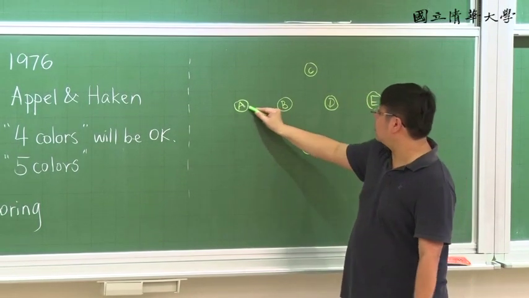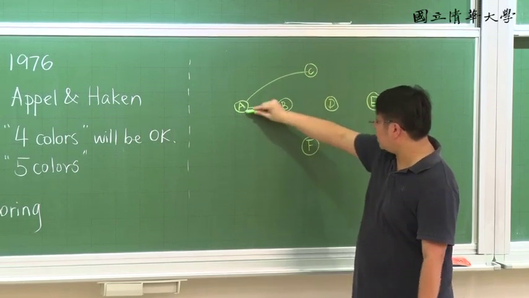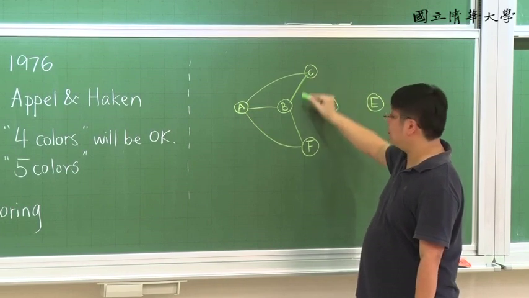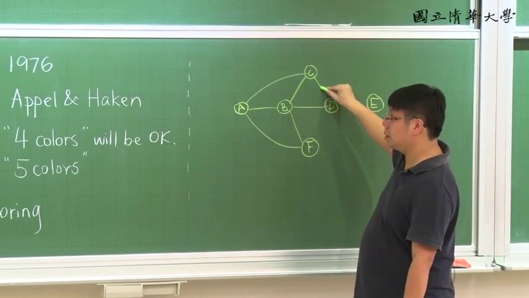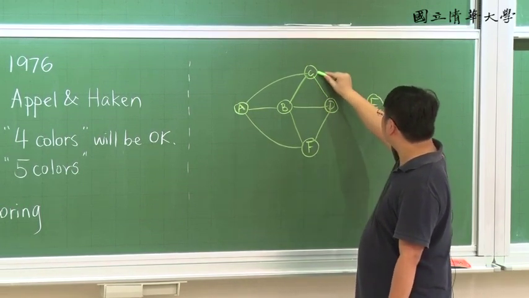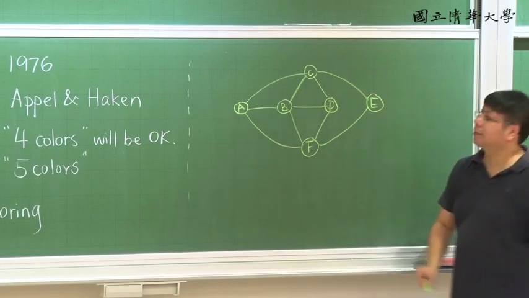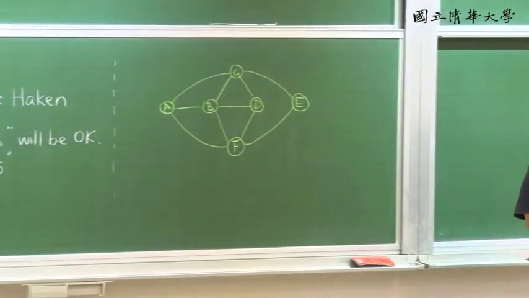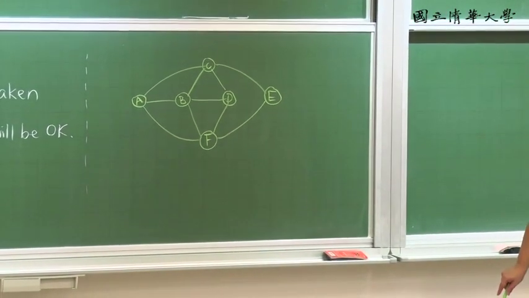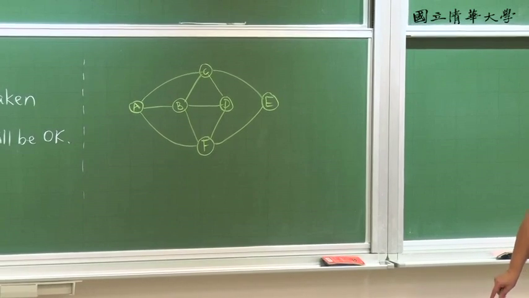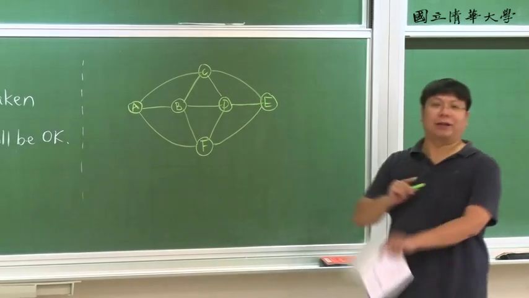So A is joined to B, A is joined to C, A is joined to F, B is joined to F, B is joined to C, B is joined to D, D is joined to C, F, and E, and F. Is that okay? Did I miss anything? Yeah, this one. I missed this one. Okay, thanks.